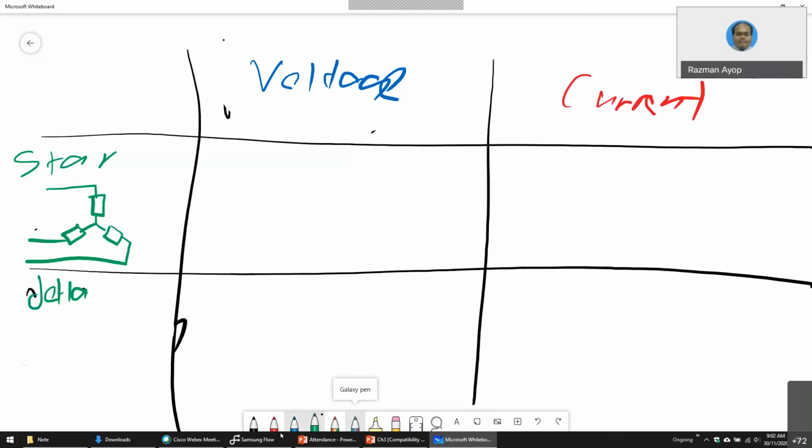Okay, we start with star first. If you look at star, if you look here, there are two types of voltage, either positive or negative, A, B, C. Okay, VAB, VBC, and lastly VCA.